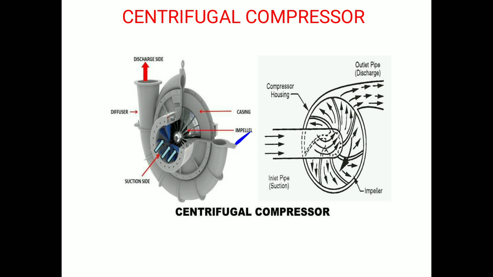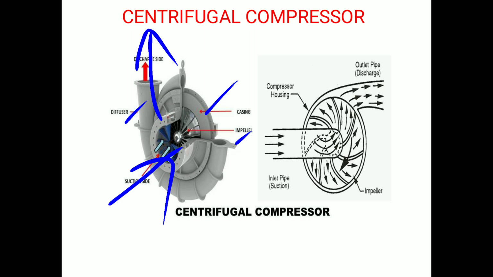So this is the impeller, a casing, a diffuser, a suction side where the refrigerant comes in, and the discharge side, where the refrigerant goes out after it gets compressed.